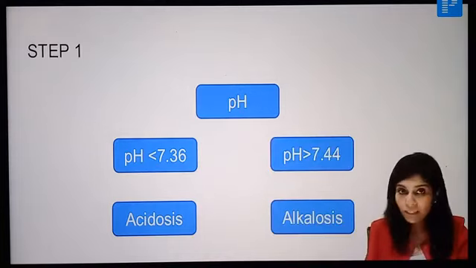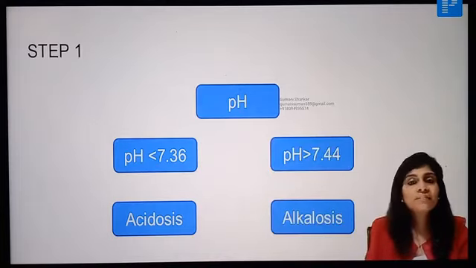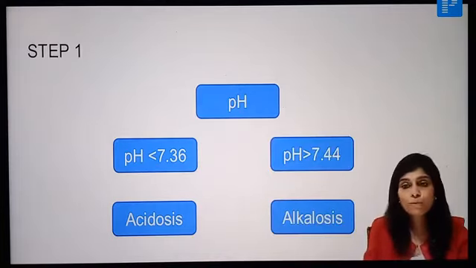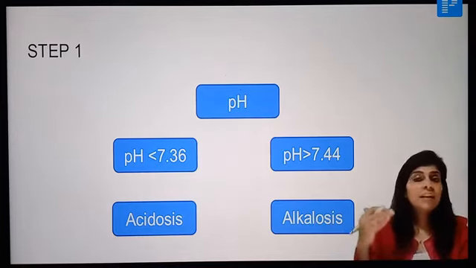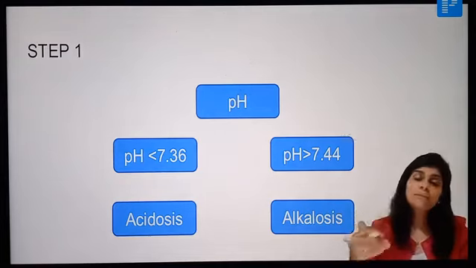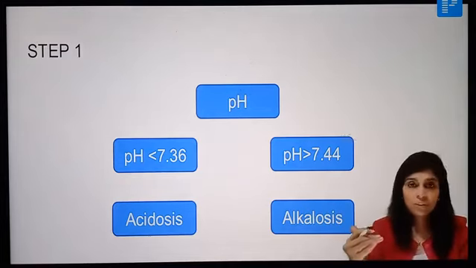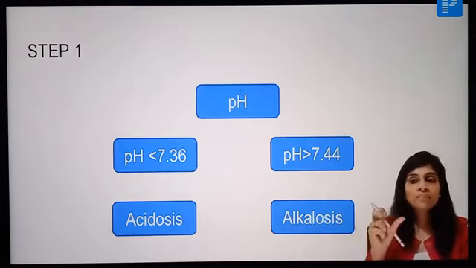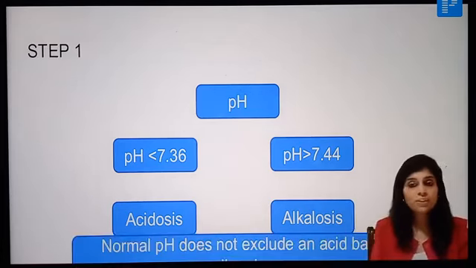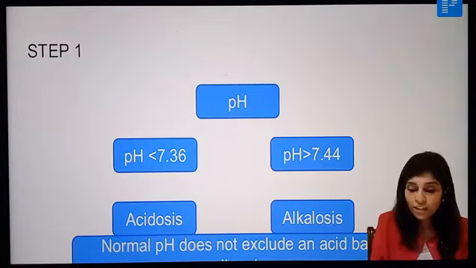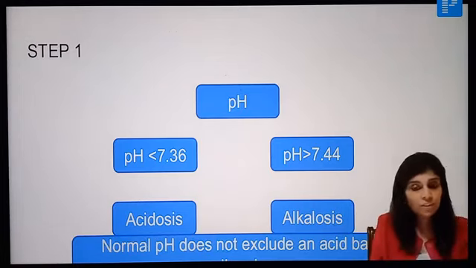But this does not mean that the normal pH between 7.36 and 7.44 excludes an acid-base disorder. A person can still have a normal pH but suffer from an acid-base disorder. It can potentially be a combination of acid-base disorders.